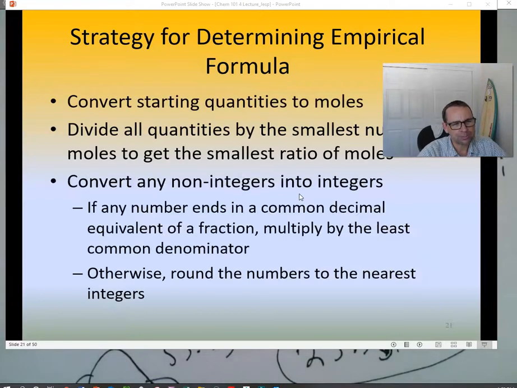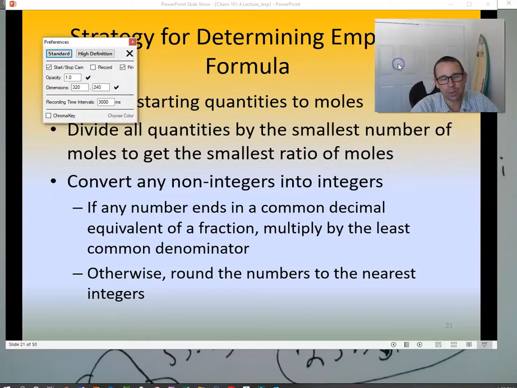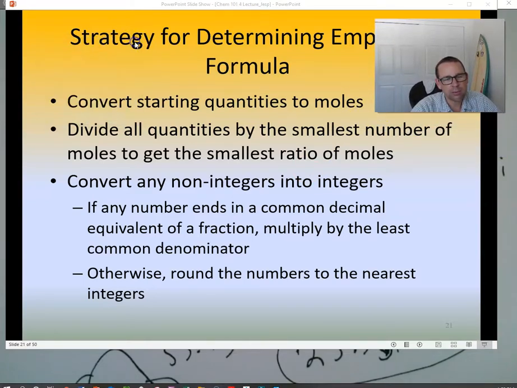Okay? So the way we get the empirical formula is from information about the masses of the different elements in the compound. If we have a chemical and we know how many grams of the different elements there are in that compound, or if it's percentage composition information, which is also mass, you can use that mass information to know the number of moles of the elements in the compound.